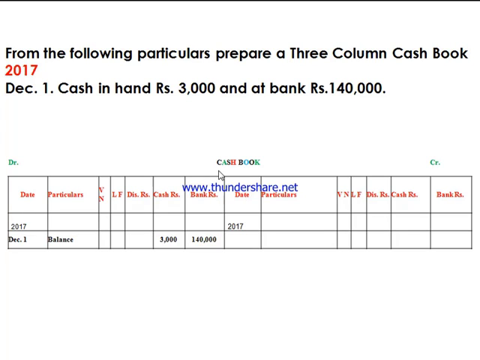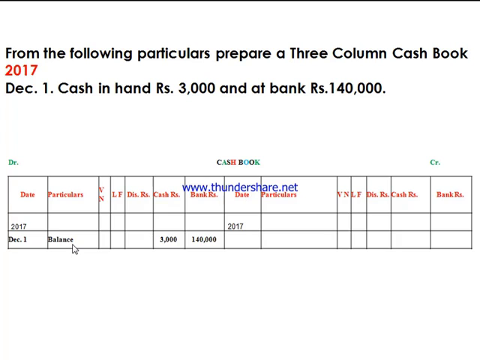This is our left hand side or receipt side or debit side, and this is our right hand side or the payment side, or if we see properly in accounting, it's our credit side. 2017 December 1st. So write down the date first of all, December 1st.